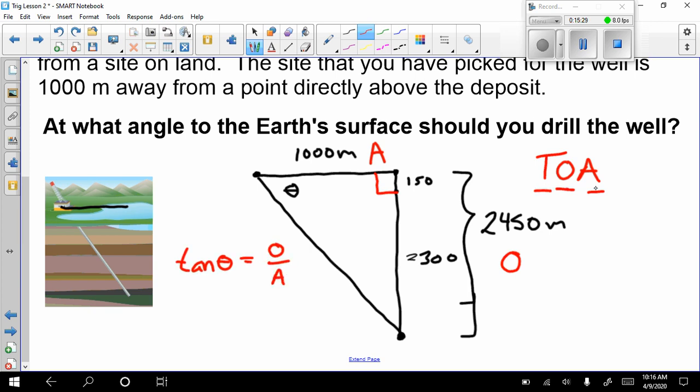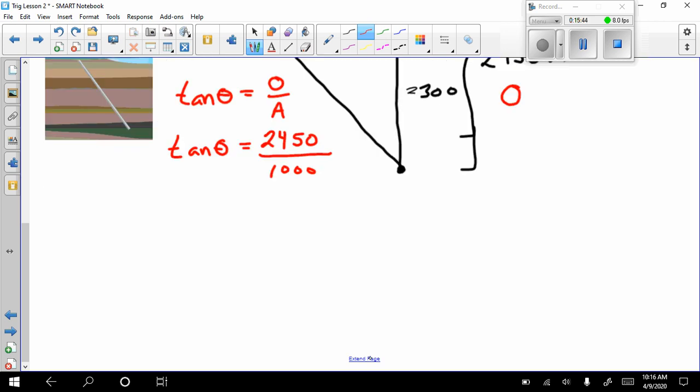Tan is opposite over adjacent. So let's sub our numbers in here. So tan of theta is going to be 2450. That's opposite divided by 1,000.